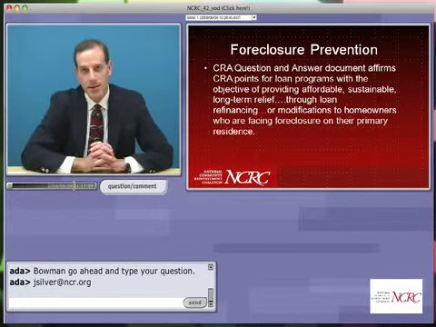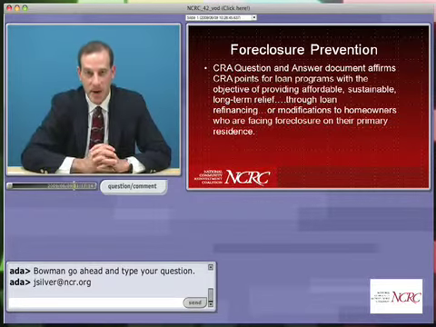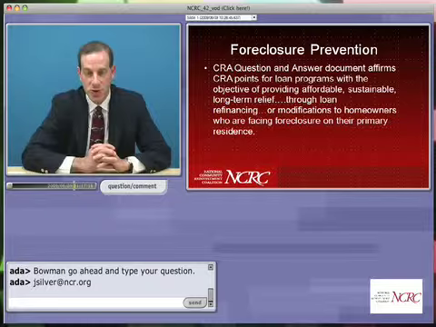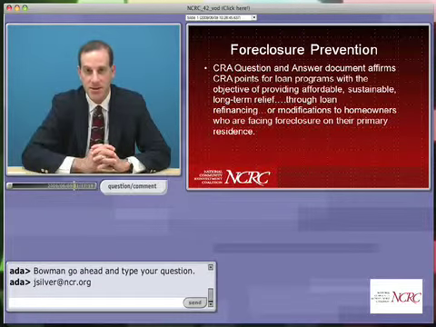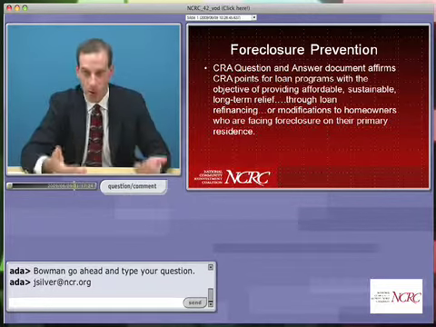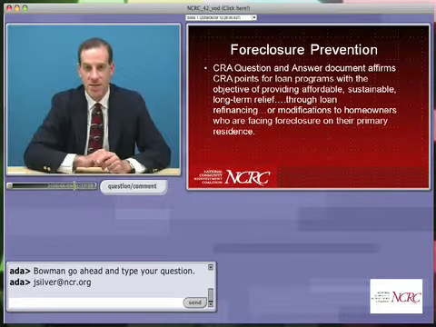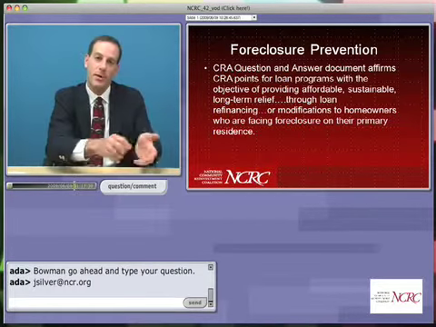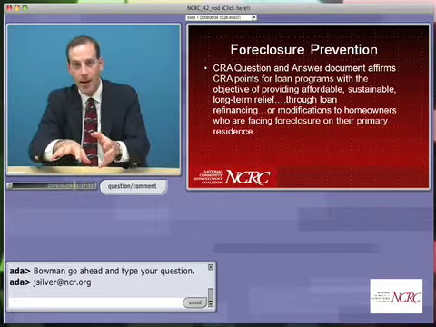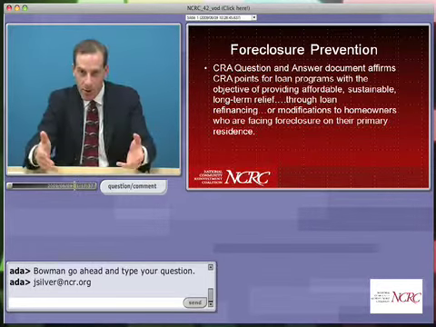So we talked before about how CRA requires banks to make loans and investments and services consistent with safety and soundness. And in fact, the regulators also say, well, banks should also take steps to prevent foreclosures. And recently there's a question and answer document. You have the CRA law, you have the CRA regulation, and then there are commonly asked questions. How does CRA work?